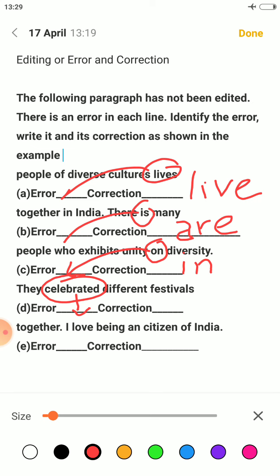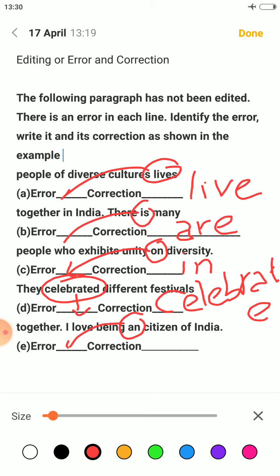So celebrated is the error, and the correction should be celebrate. Next, together I love being a citizen of India. An is not a suitable indefinite article, so an is the error and the correction should be a.